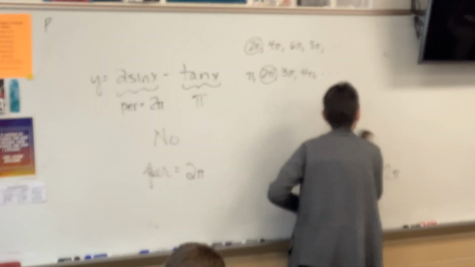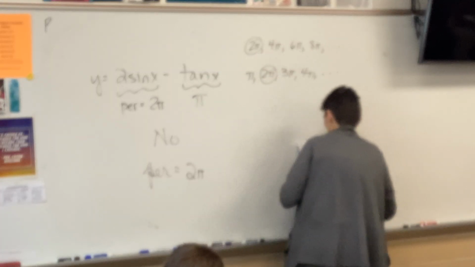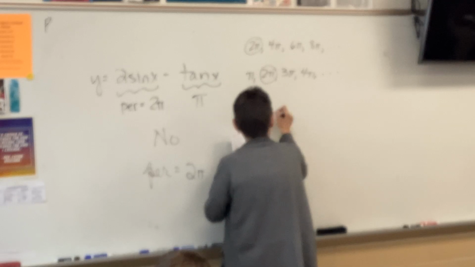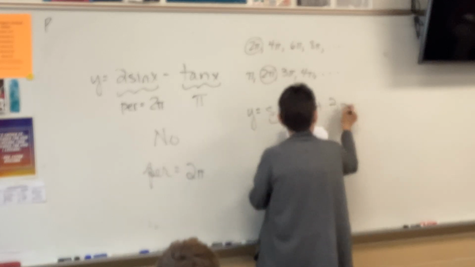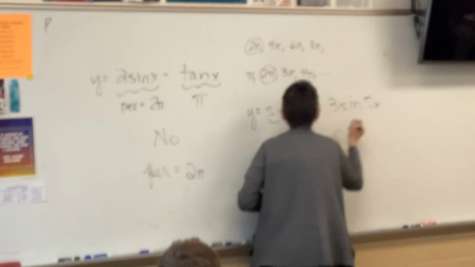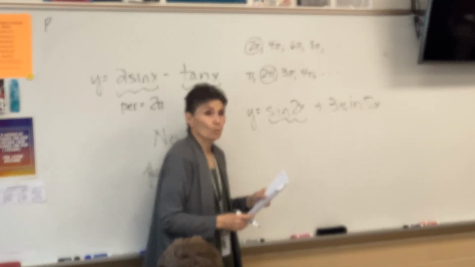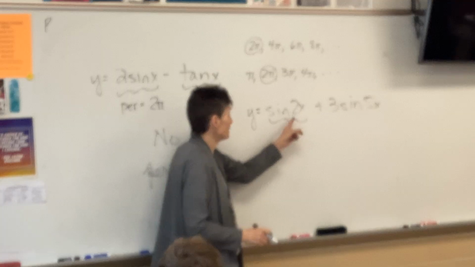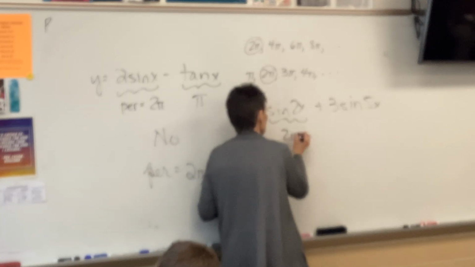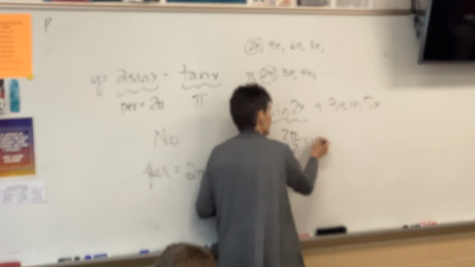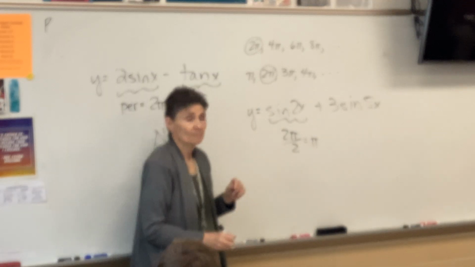What is the period of the first curve? This guy, what's his period? It would be 2 pi, but it's been divided by 2. So it's 2 pi over 2, which is pi.